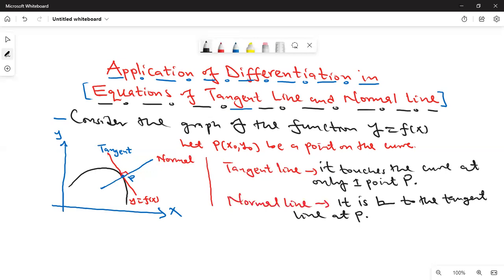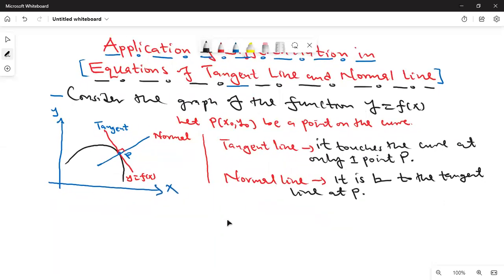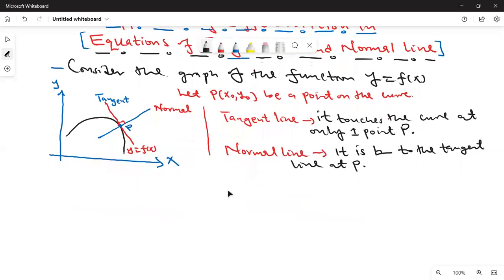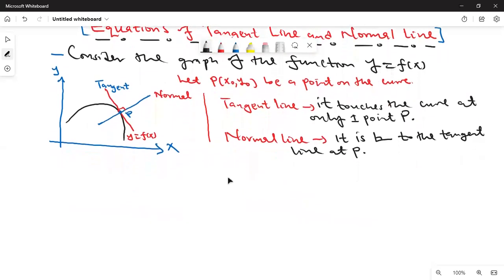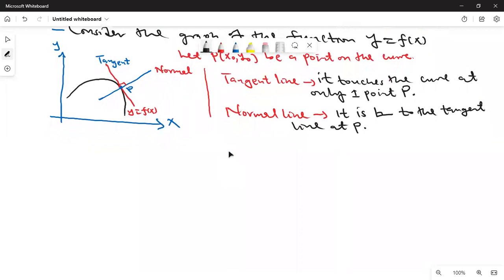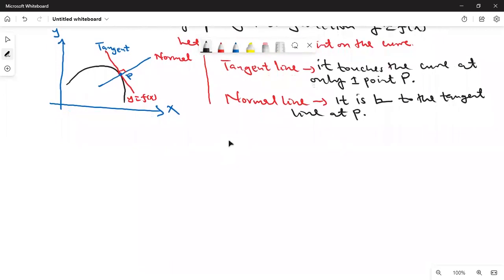Now, how do we apply the concept of differentiation to be able to find the equations of tangent line and normal line? If you want to know the slope of your curve at any point P of x, y, this is what you do.